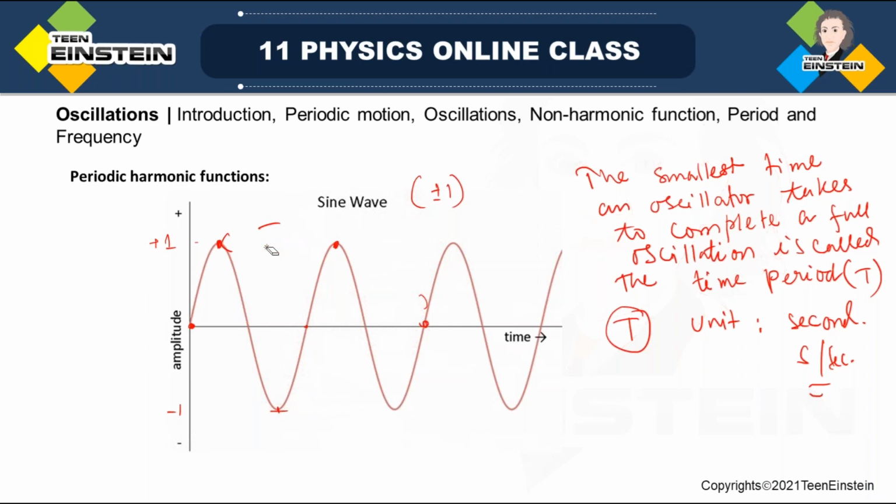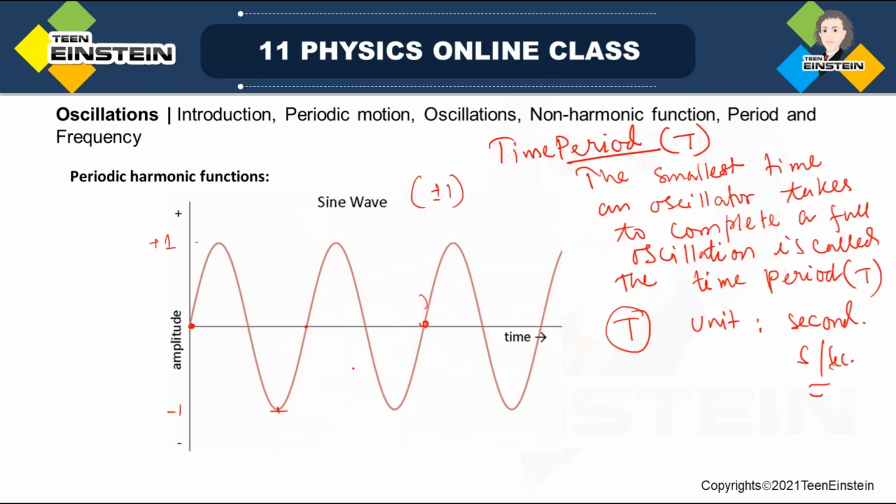All right, so I have defined period, and at the same time I'll define another term called frequency. Period is denoted by T, better to write time period.